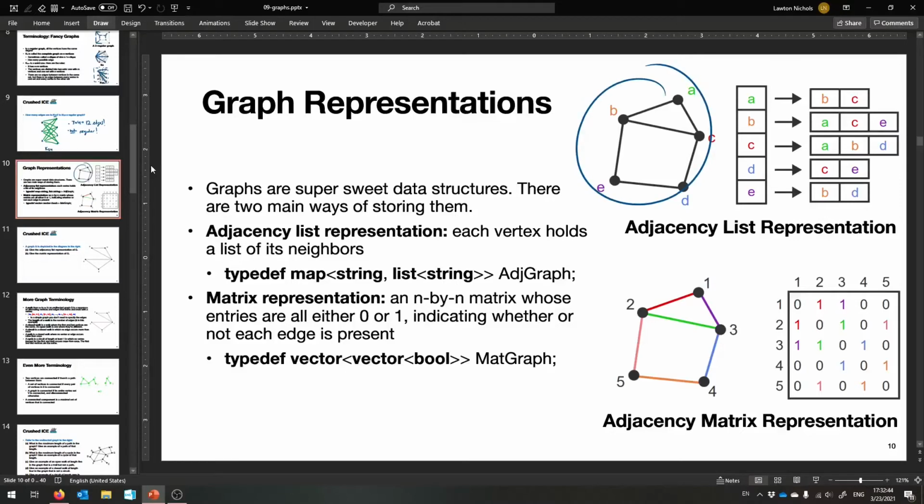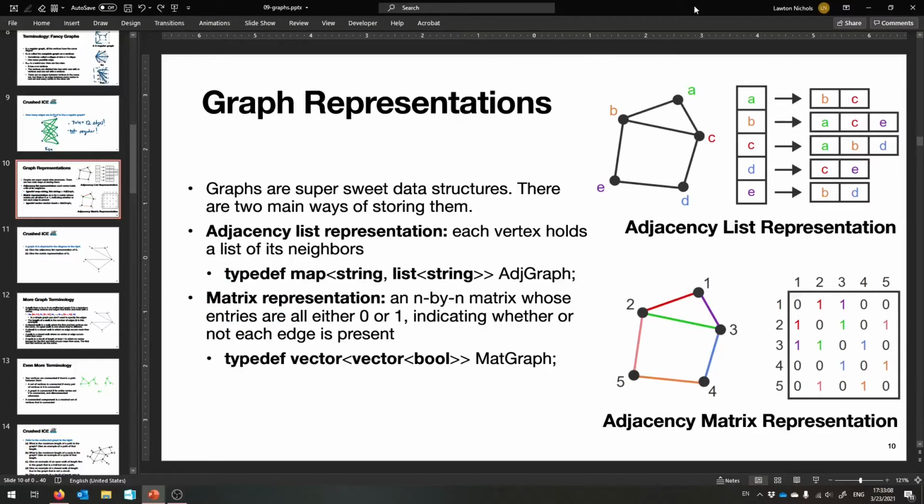So here's our graph, and here's one way to represent that graph. The first way, and probably the most common way that you will ever have to implement yourself, is the adjacency list representation. That makes things quite a bit easier because usually you don't have a lot of edges, okay? And so it saves space compared to the one that we'll talk about soon.